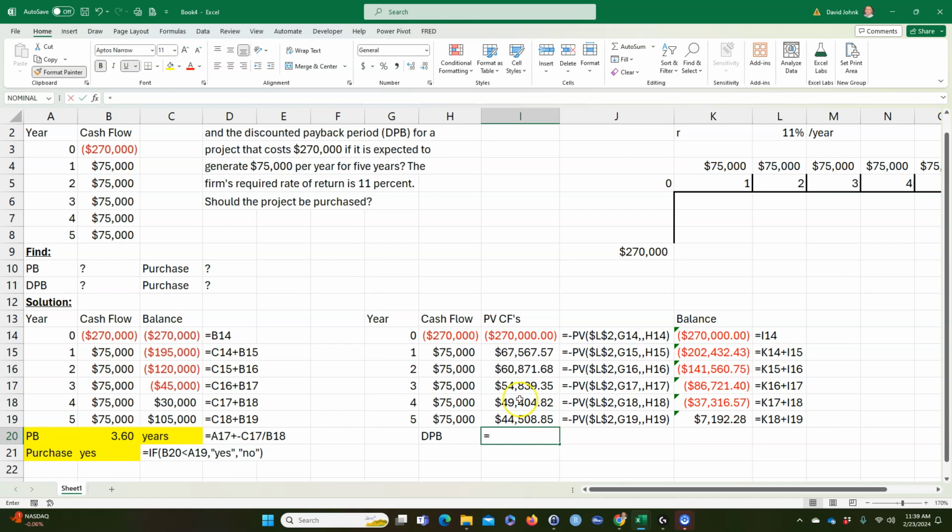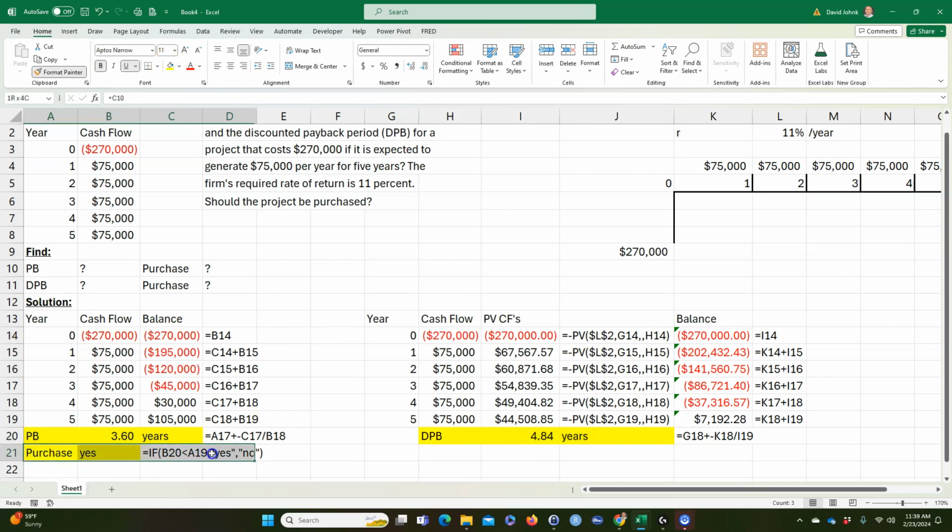It's equal to 4 years plus, again, I want that to be a positive, so I'm going to go negative this. The negative is a positive. Divided not by 75,000, but by the present value of that cash flow. And again, we're going to format that as years, right? So I'm going to move this over. I'm going to put years. Right, so that's a discounted payback period.